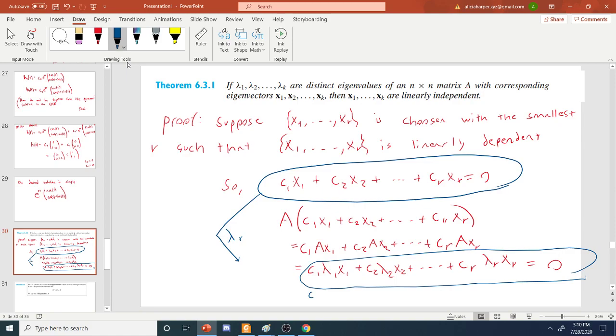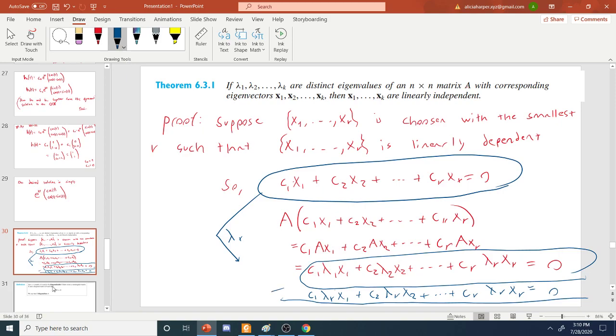So I get c1 lambda r x1 plus c2 lambda r x2 plus up to cr lambda r xr, which is equal to 0. And so now I have these two relations.